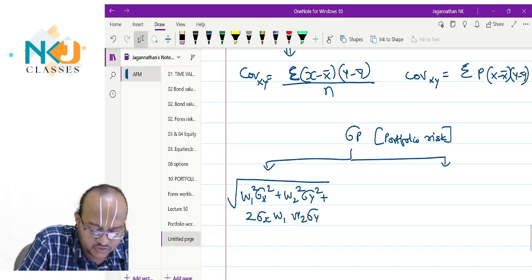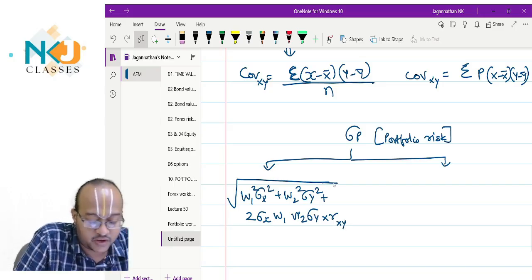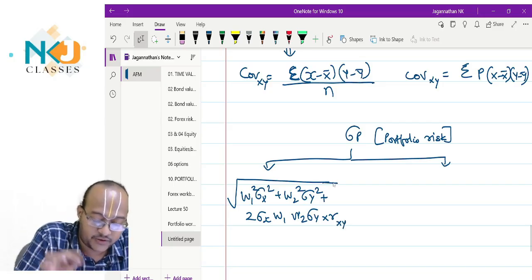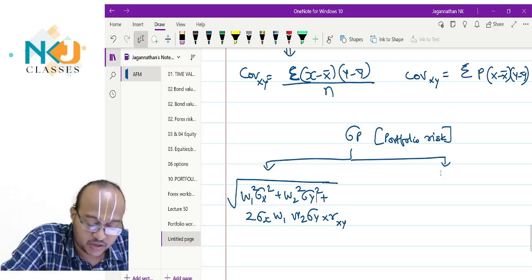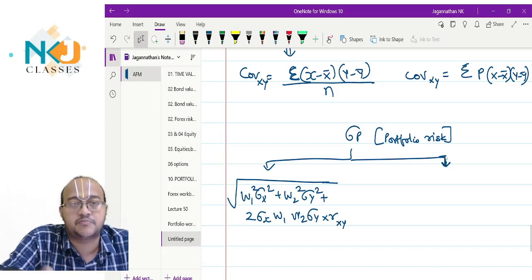Any order you can write, you just need to remember. Correct? This is one way of representing. This is one formula.